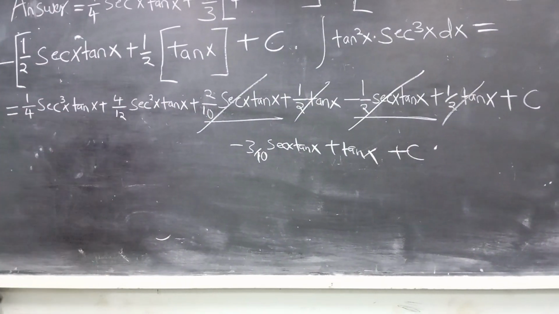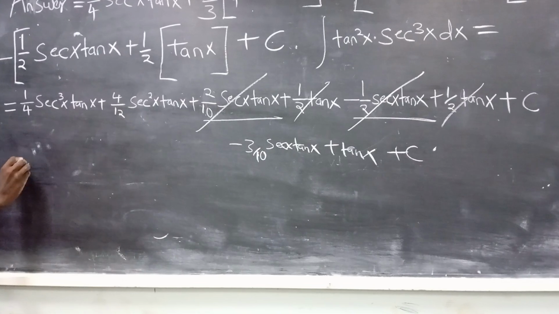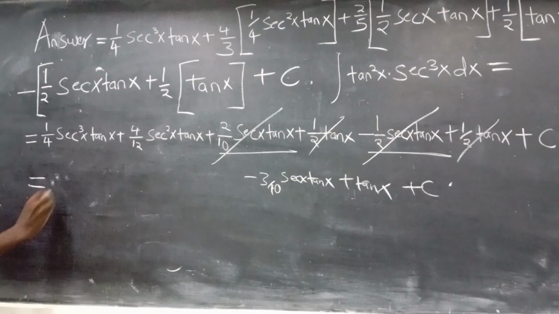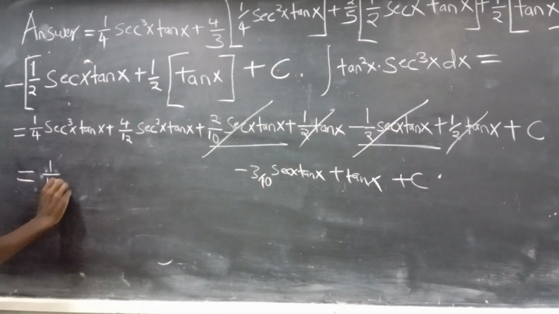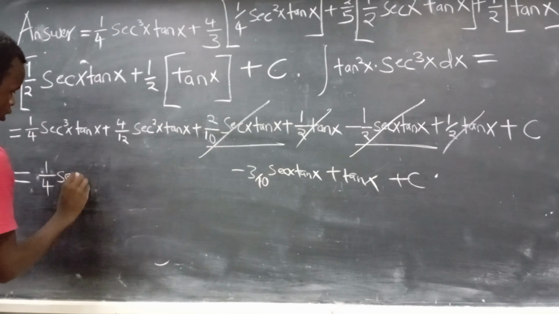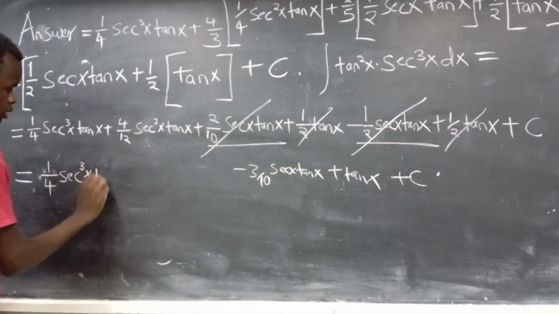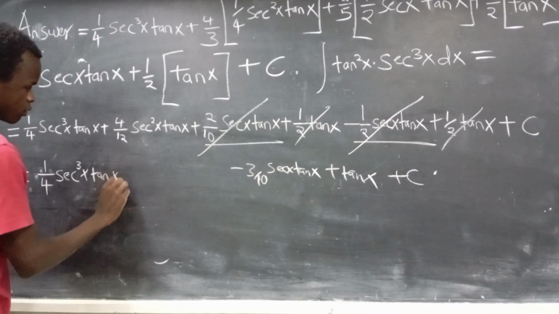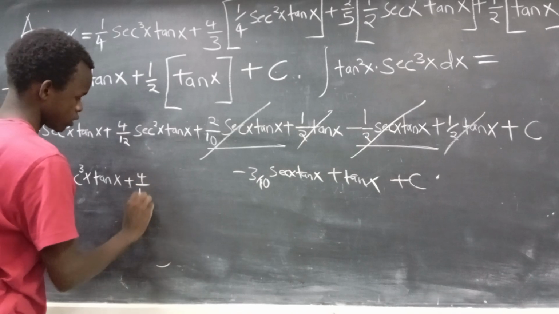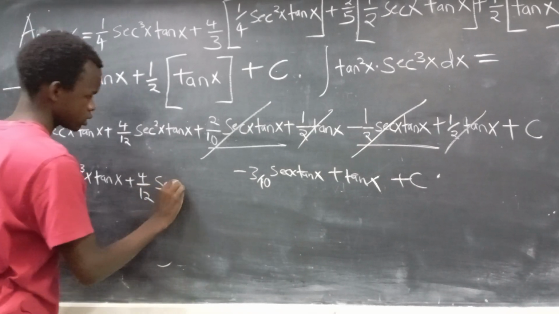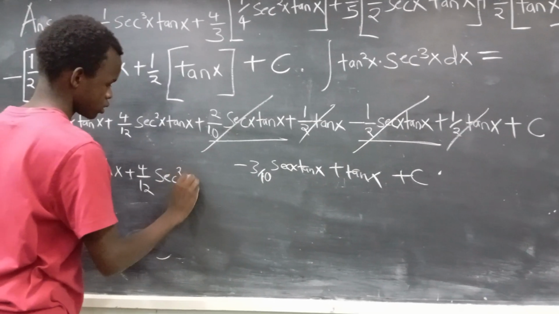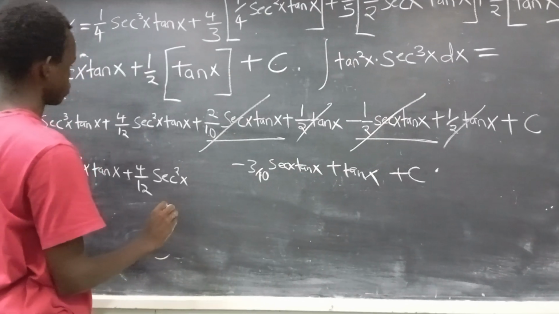So my final expression will be a quarter secant cubed of x tangent of x plus 4 over 12 secant squared of x.